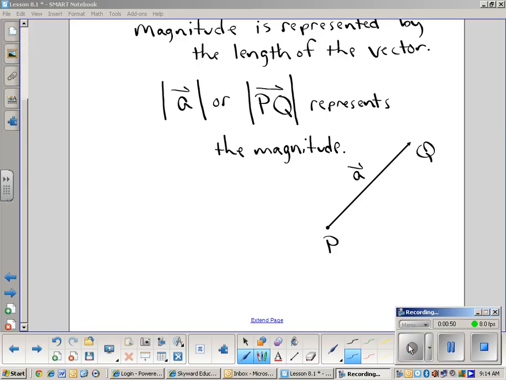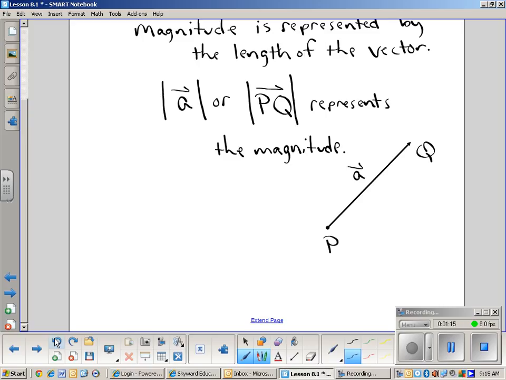So this half arrow looking thing on top of the A here, or on top of the PQ here, is a vector symbol. Absolute value means distance. Okay? And so if they want the magnitude, they would write it as the absolute value of vector A or the absolute value of vector PQ.